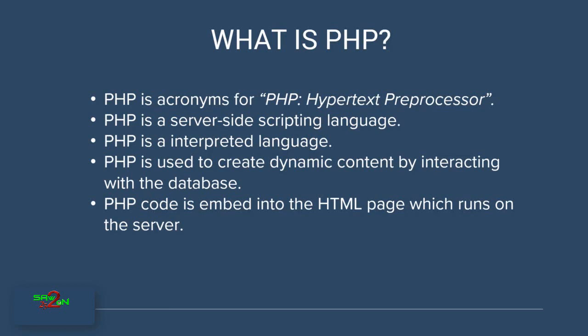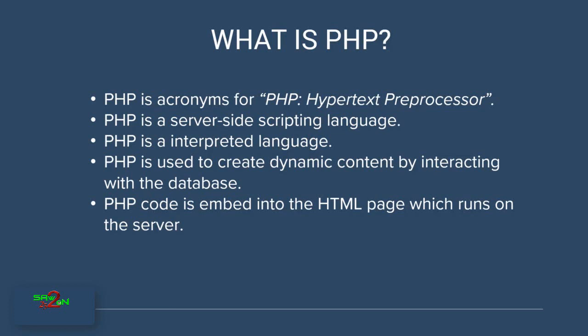So you can combine all of these topics when you want to explain to someone. Let's say someone asks you what is PHP. You can say PHP is a server-side interpreted language which is used to create dynamic content and which can be embedded in the HTML page. So it basically covers all these topics. It has different purposes, but it actually covers everything in the definition that you are saying.